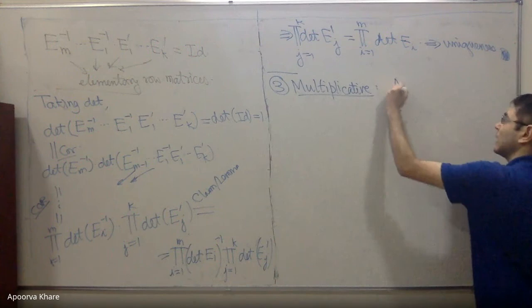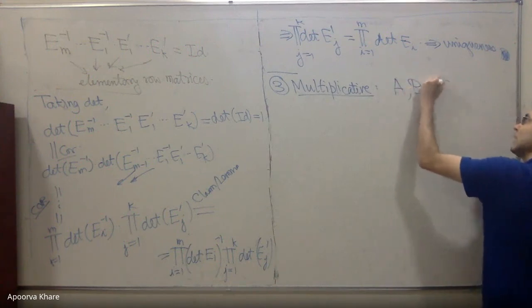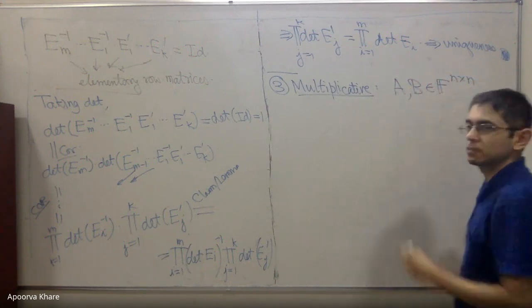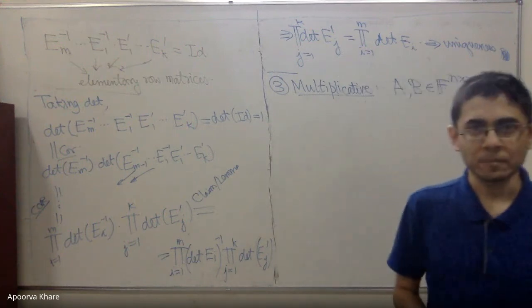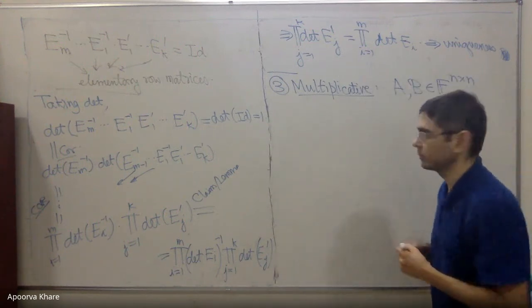So again, I'm given A and B in F to the n cross n. I want to prove that the determinant of A times B is det A times det B. The first case is when A is not invertible.